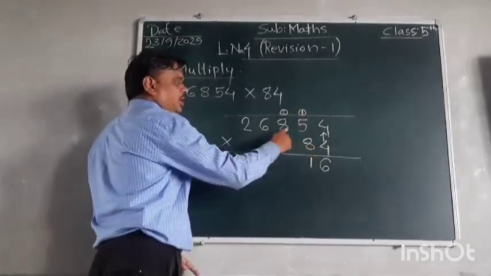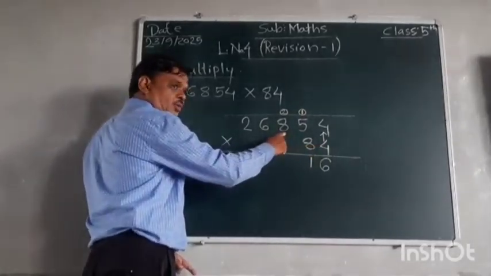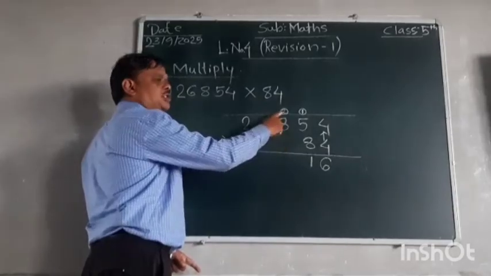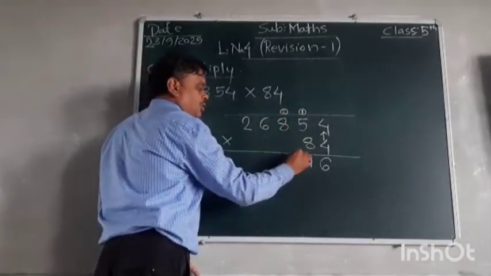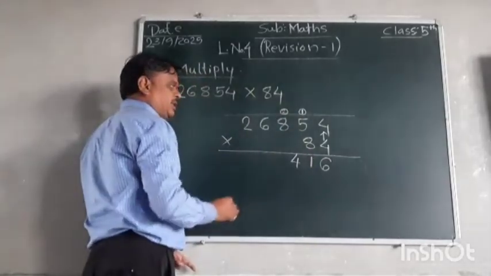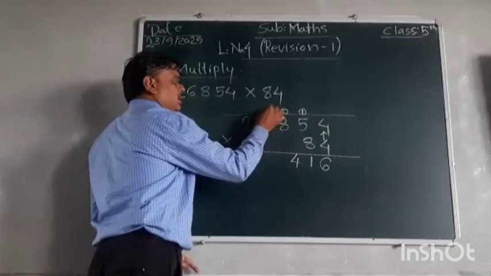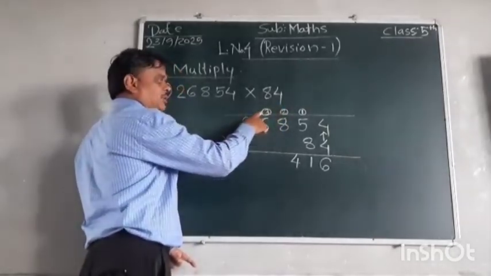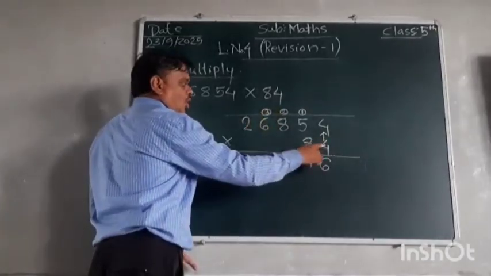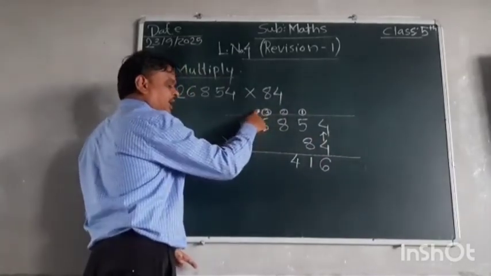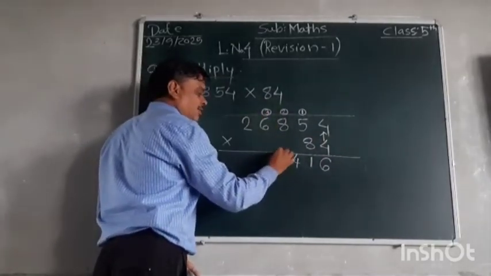So write the unit place digit, that is 1, and place 2 as carry on the 100s place. Now 4 eights are 32. 32 plus 2 is 34. So write down 4 here, that is the unit place digit, and 3 carry on the place of 1000. 4 sixes are 24 plus 3 is 27.